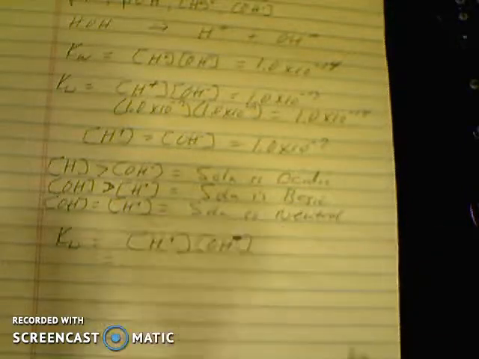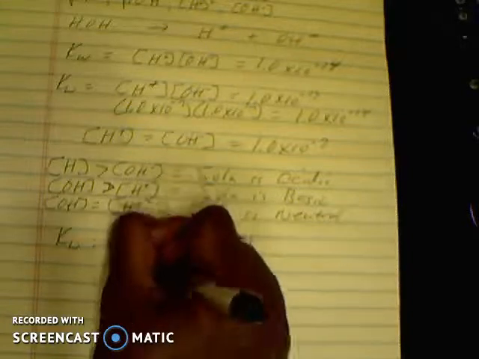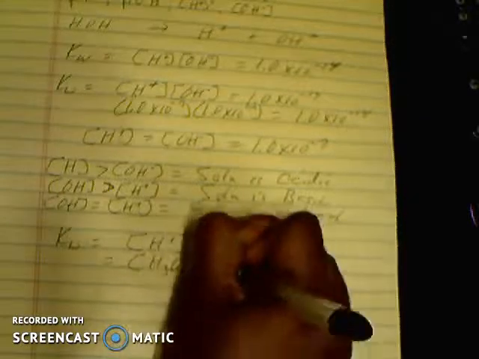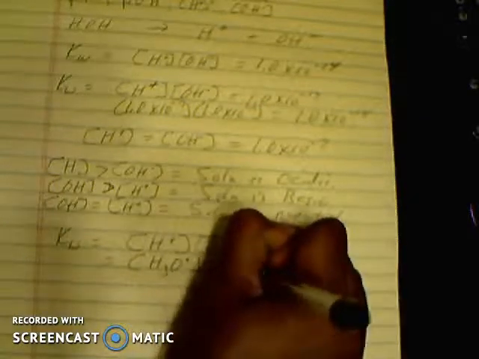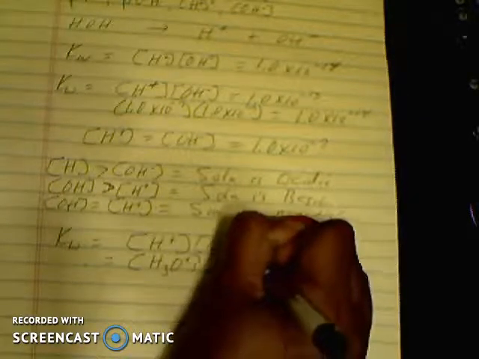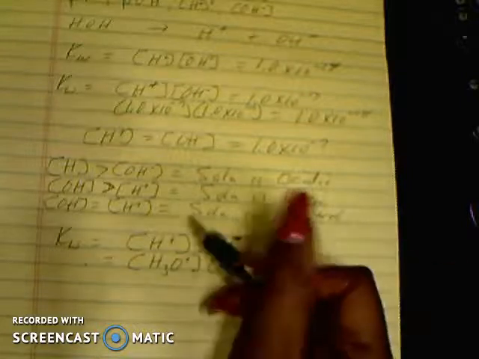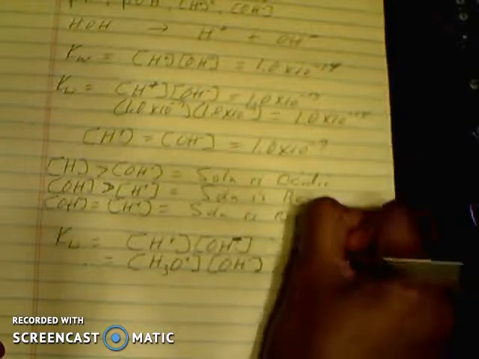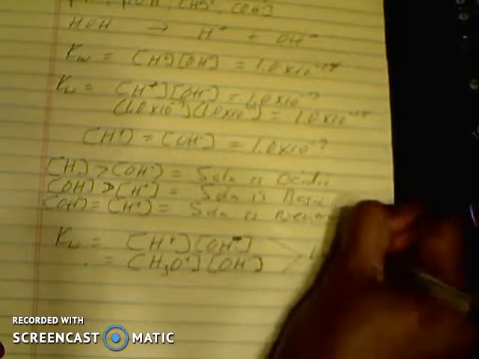Or you could say the hydronium ion concentration, which is a protonated water, remember, times the hydroxide ion concentration. Both of these will equal Kw, and we already know the value will be 1.0 times 10 to the negative 14.